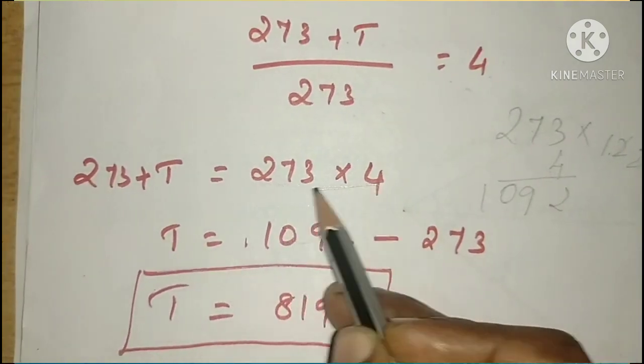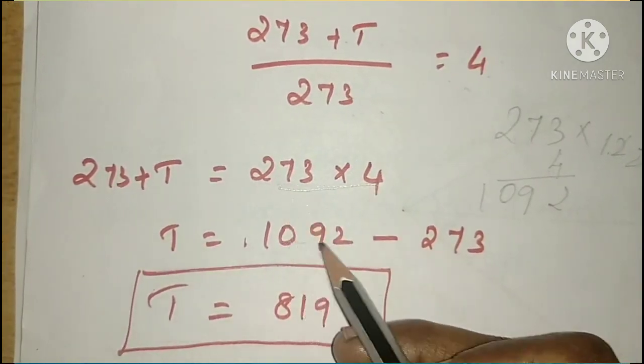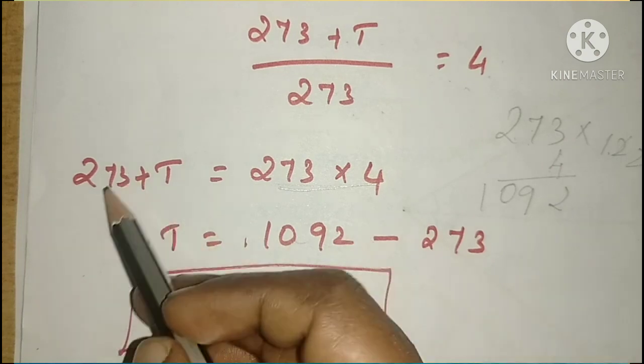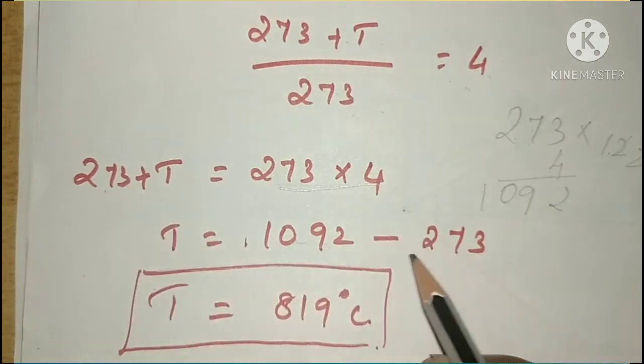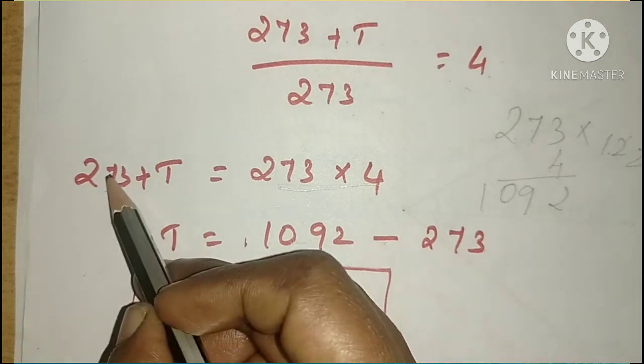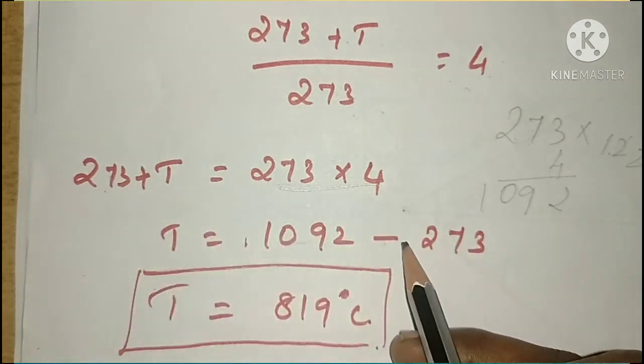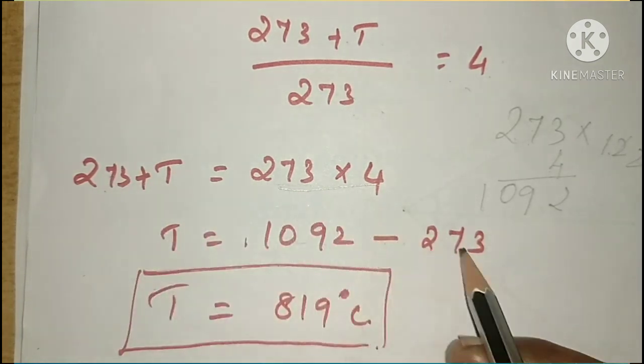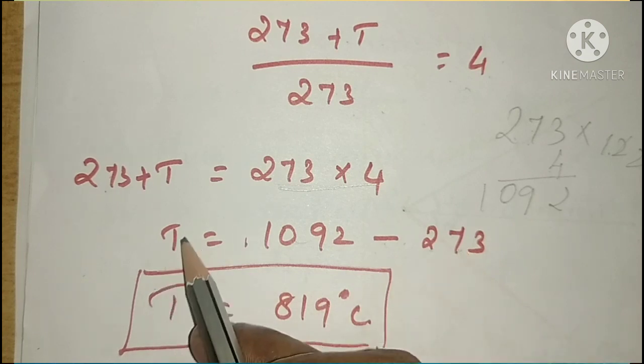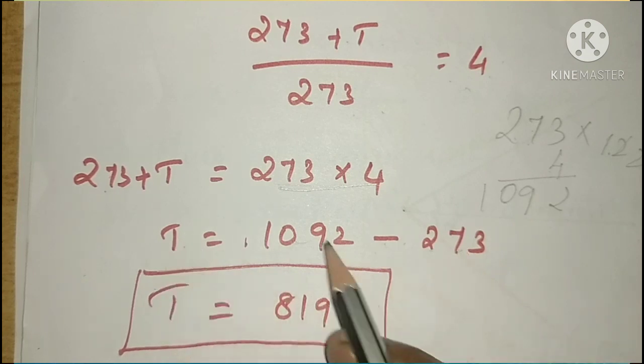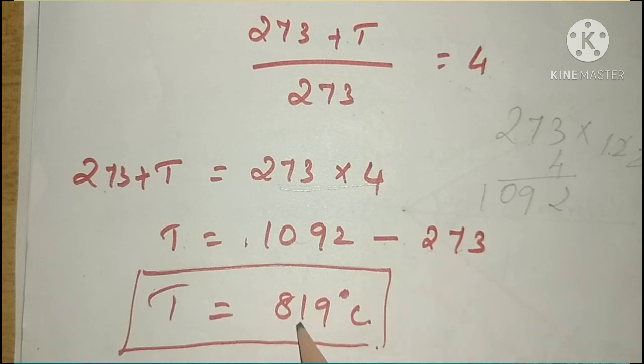If we multiply these two factors, we get 1092. Then this plus 273, if you take it to this side, it will become minus. So 1092 minus 273. So we can calculate the temperature. If you subtract this value, we can get 819 degrees Celsius.